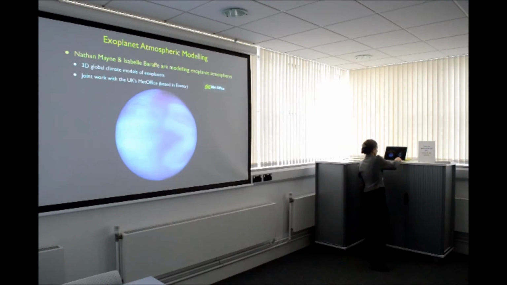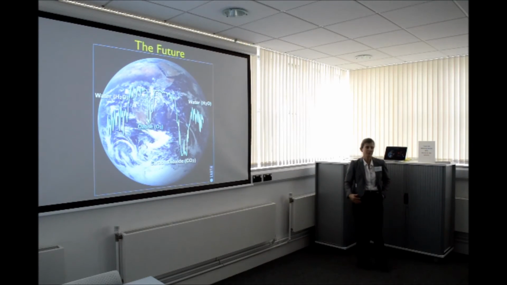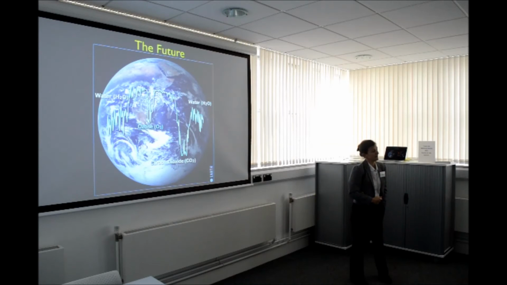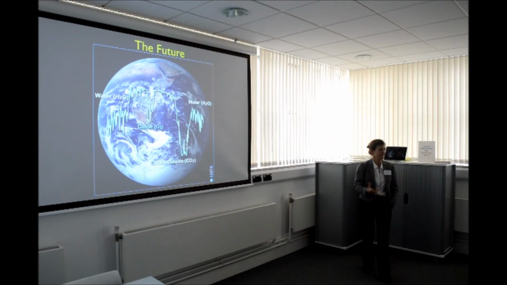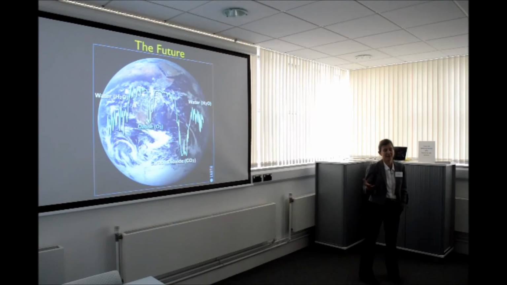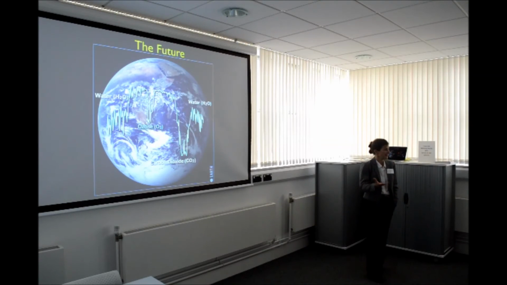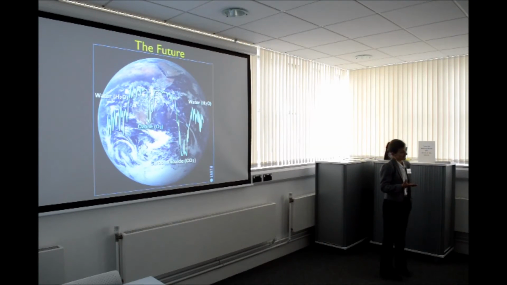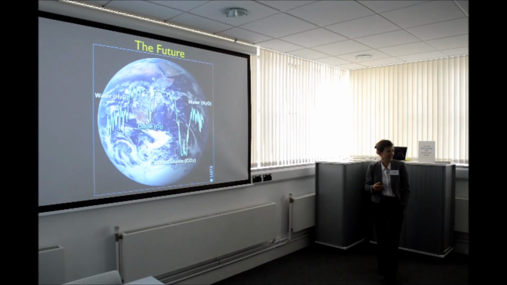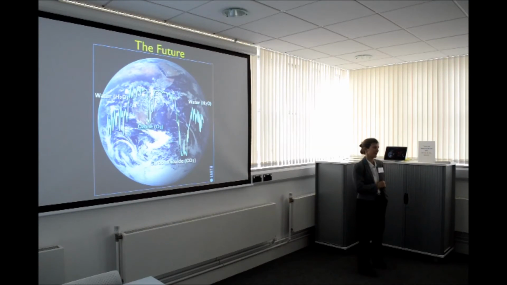Where is this going? Well, one of the things we're interested in is finding another planet that's like the Earth. And there are some candidates out there now that are not much larger than the Earth and sit around stars that are like the Sun and are in what's called the habitable zone, i.e. the zone around those stars where liquid water could exist. Those candidates are only going to increase because there are satellites coming online which are designed specifically to detect those Earth-like planets.